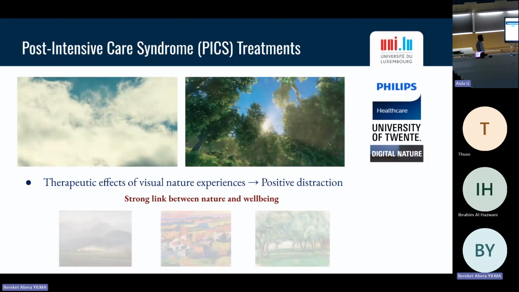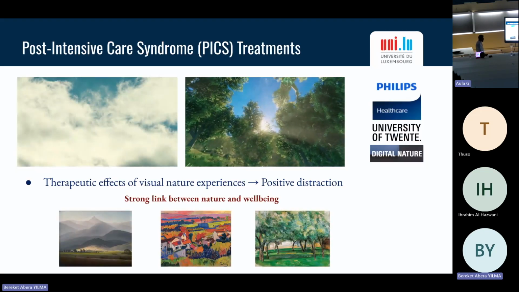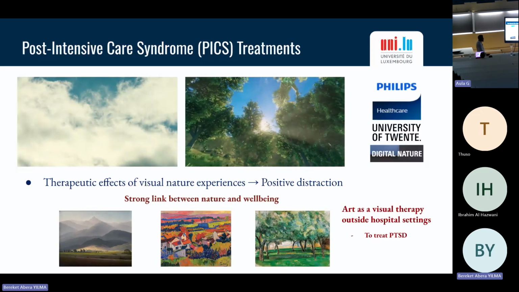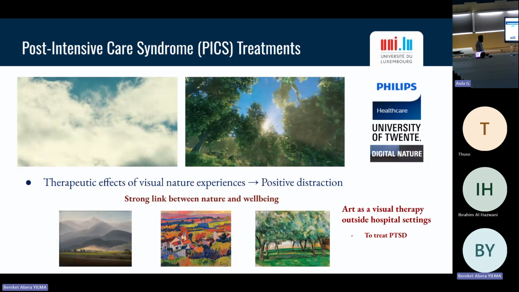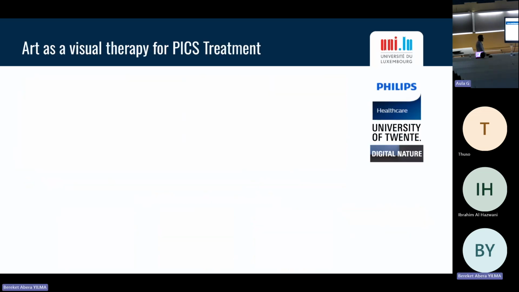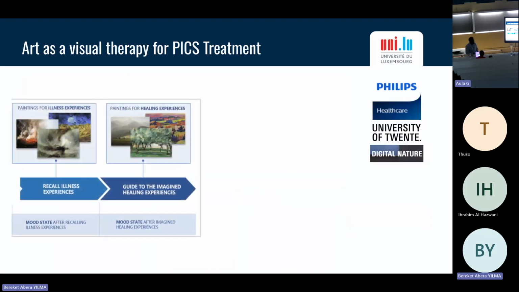And there is an approach to do actually art therapy or visual exposure to patients to help them recover from, for example, PTSD, to ease these symptoms. And particularly for post-intensive care syndrome, we have patients exposed to nature, and just like we are doing a recommendation system in a museum, we do preference elicitation.